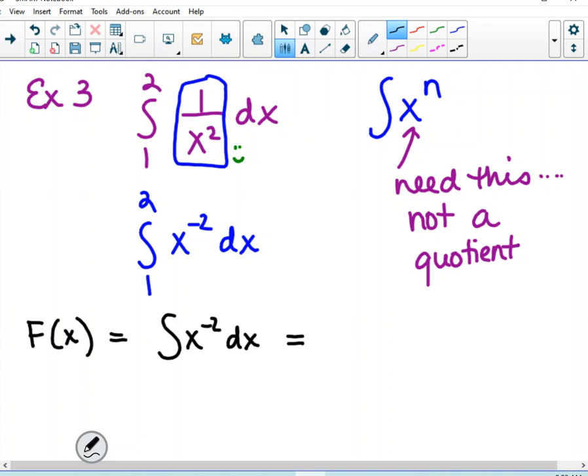But the arithmetic's going to be a little bit more challenging because my antiderivative is going to be x to the negative 1 divided by negative 1 plus c. And that's going to be a little messy to work with. Okay?